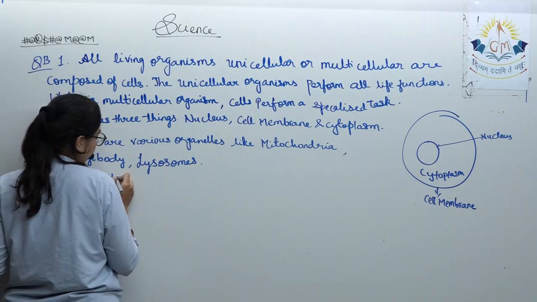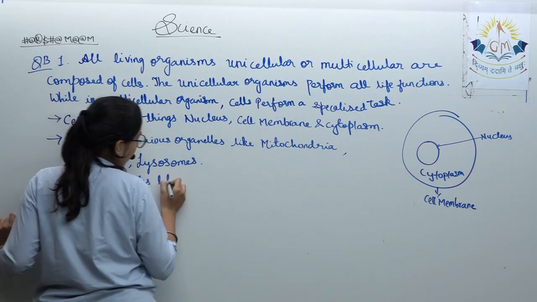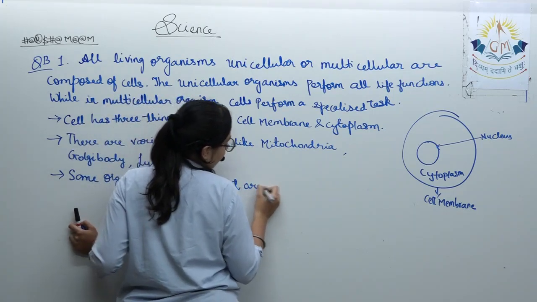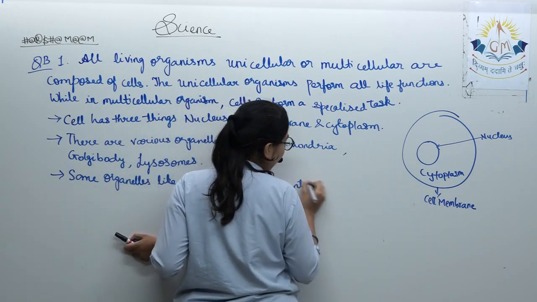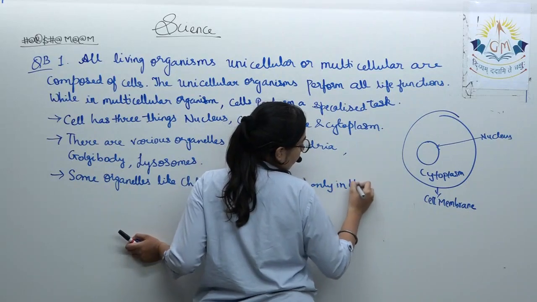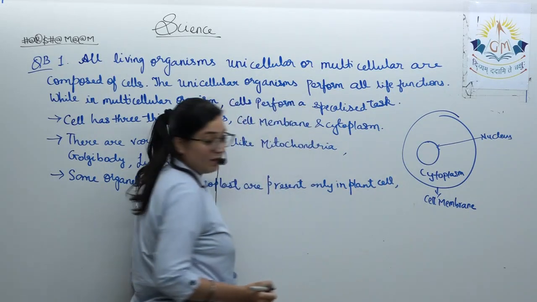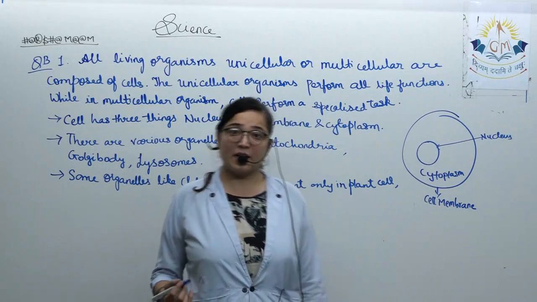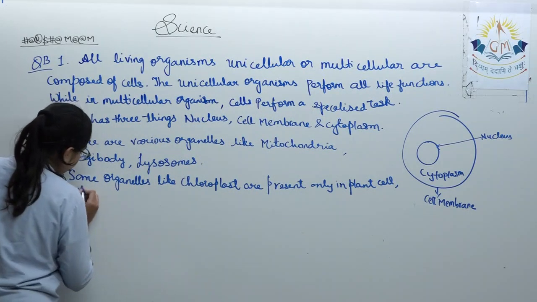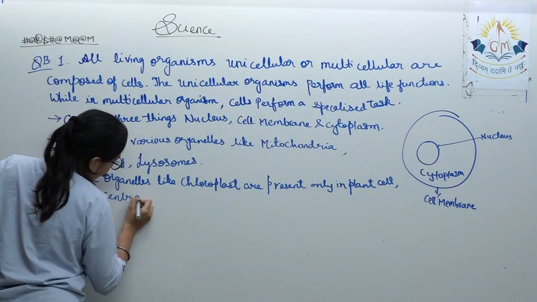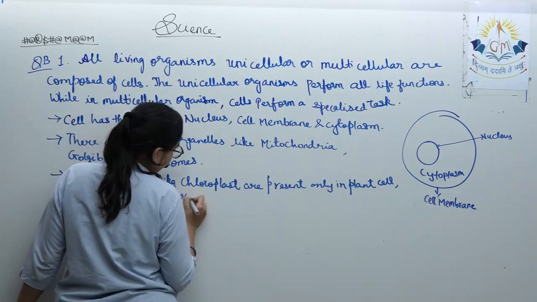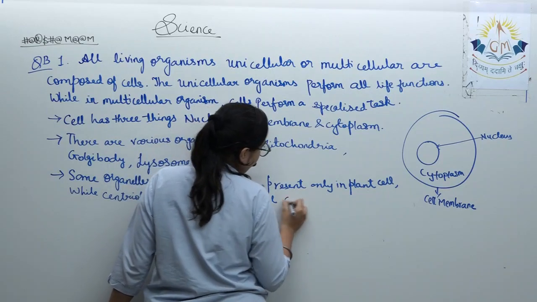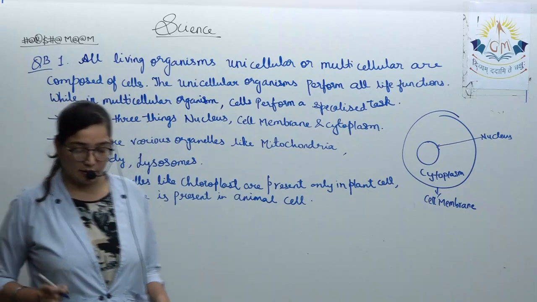Some organelles like chloroplast are present only in plant cells, while some organelles, like centriole, which carries out reproduction, are present in animals. Okay, so this is about answer number one.